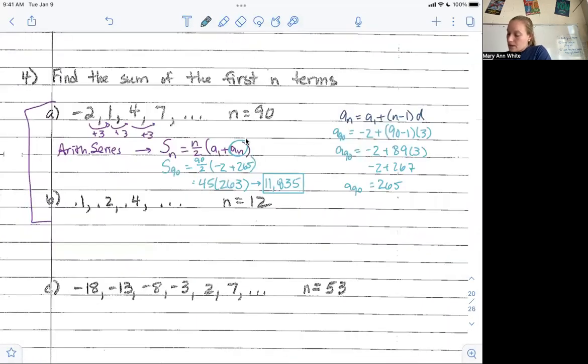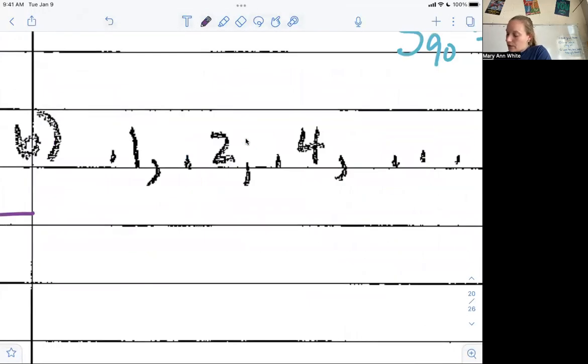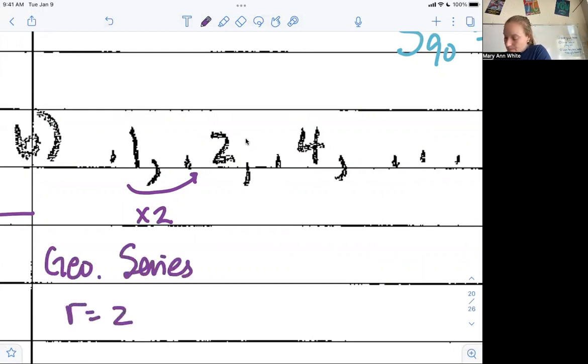Okay. Let's go look at B. This one, it says we've got 0.1, 0.2, 0.4. I know decimals kind of freak us out. Basically, what we're doing is we're multiplying by 2 to get to the next term, which makes it geometric. And it makes our r 2.